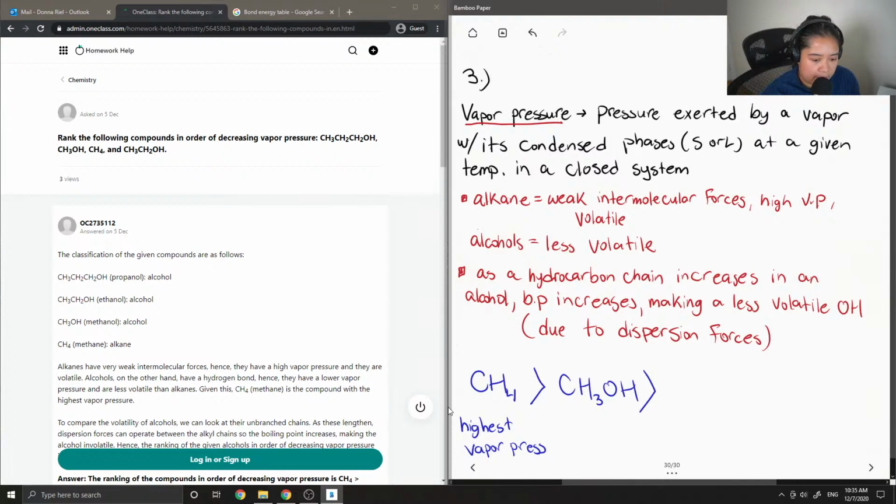And then I'll just draw the alcohols getting bigger and bigger, with our propanol having the lowest vapor pressure.